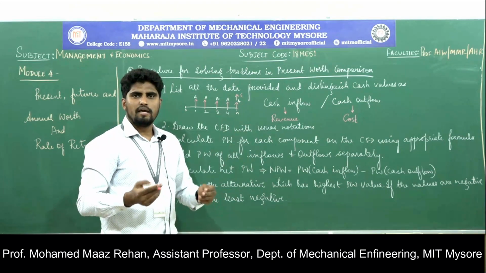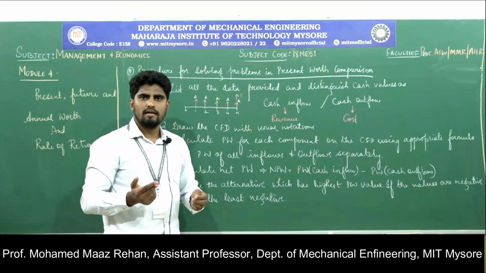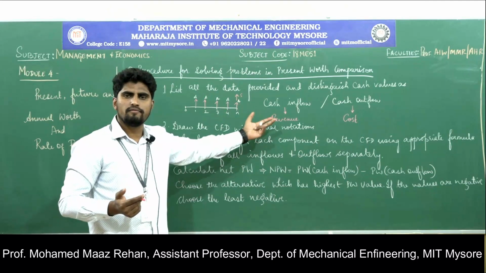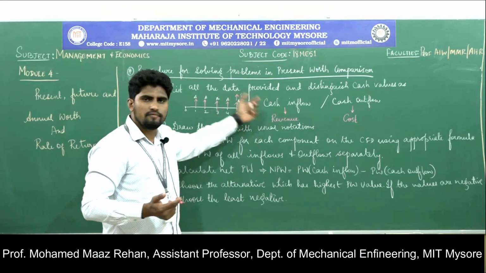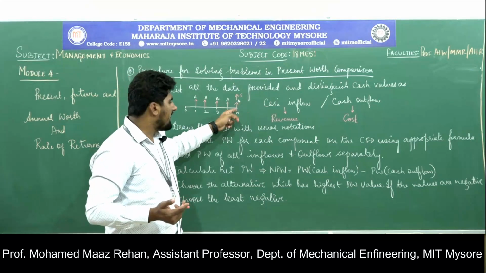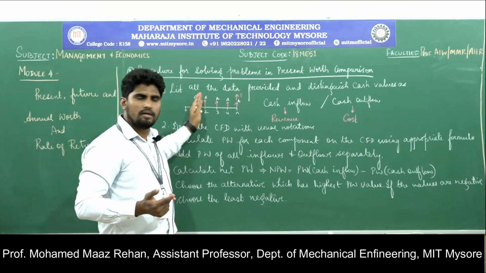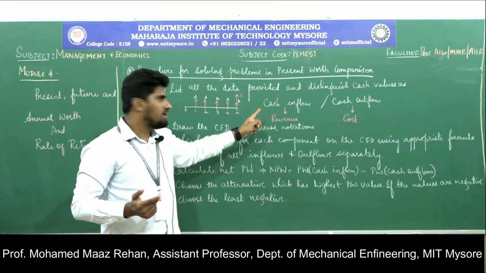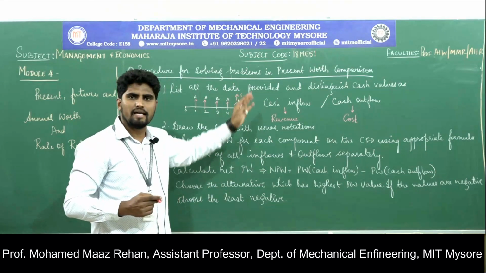Basically, if you have a vehicle and you want to sell it at the end of the interest periods, you will get that value at the end. So S represents a salvage value.